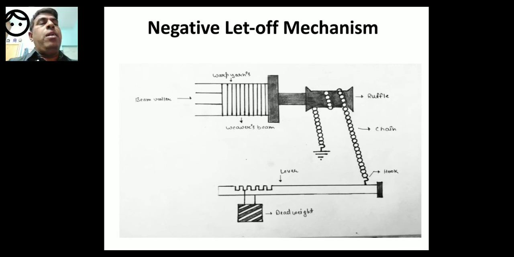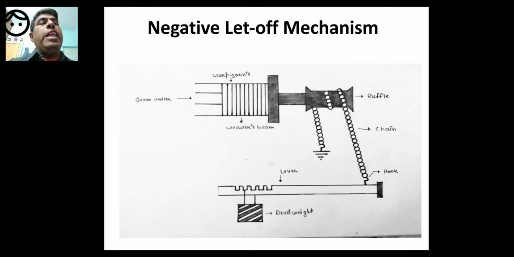Second point, by altering the position of the dead weight on the lever. So you can see there are 4 teeth of the long lever, and the dead weight can be positioned in any one of the 4 teeth.